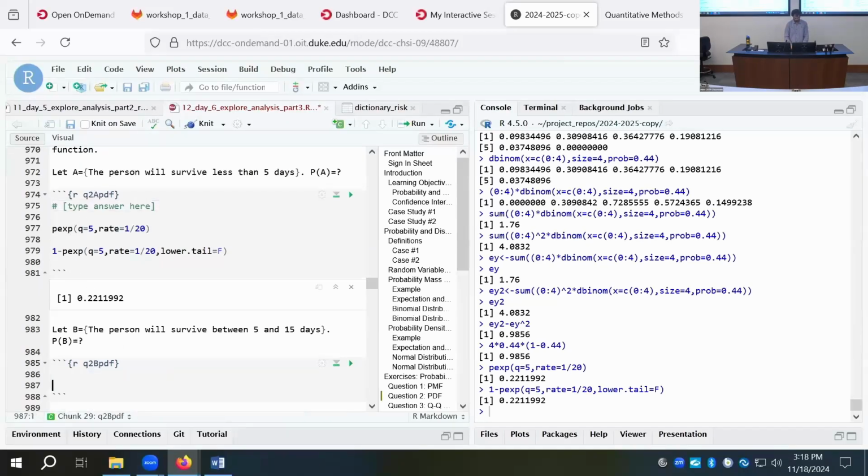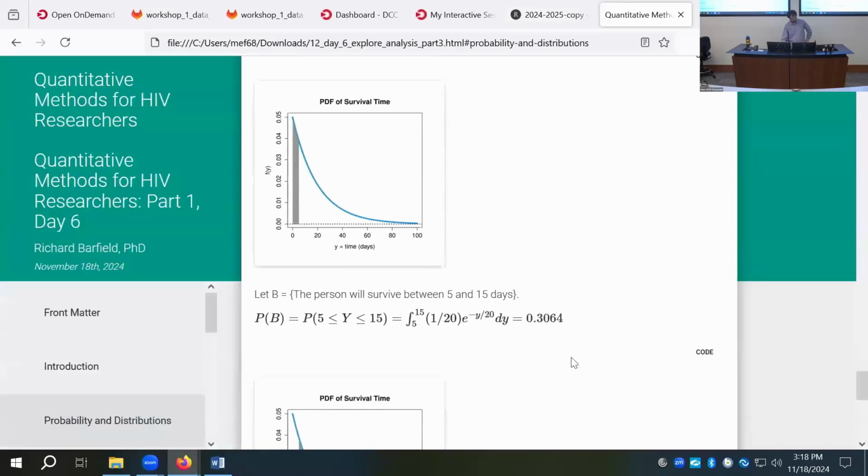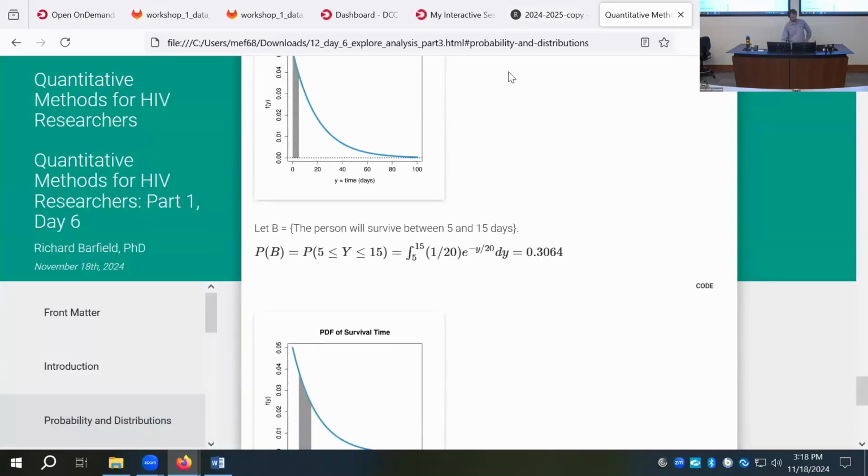Okay, so we go p(exp), q equals 15, rate equals 1 over 20, minus p(exp), q equals 5, rate equals 1 over 20. We get 0.306, which is what we got before.